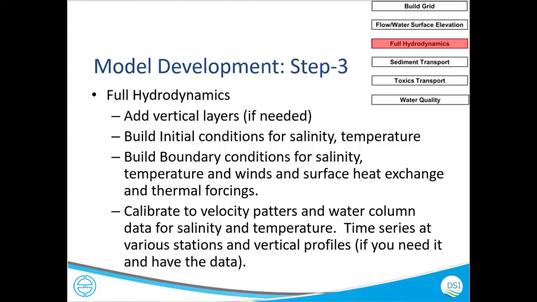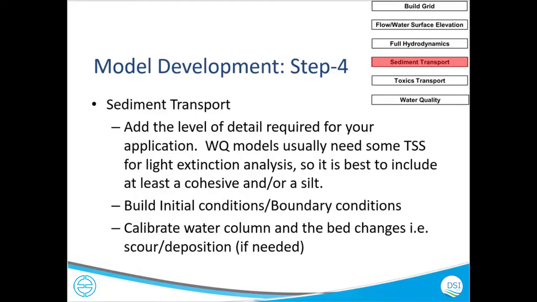So you have to have all the data together pulled up at first before you run anything. And surface heat exchange and thermal forcings, these are required when you are having a temperature simulation. Then you can calibrate to vertical velocity patterns and water quality, water column data.